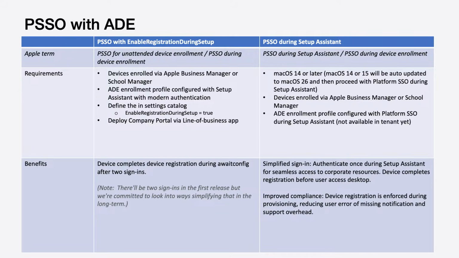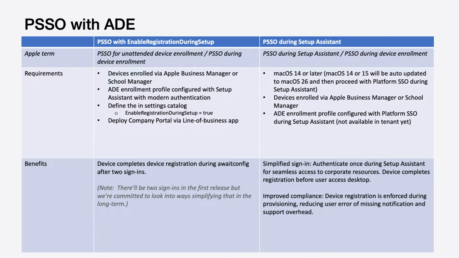And the requirements for PSSO during await config are pretty simple. There are four parts to that. First, the device has to be enrolled in ABM or Apple School Manager. The second is the enrollment profile has to be configured to set up the system with modern auth, which is the most common one that all of you are using right now. But the most important part is to define the two keys in the settings catalog.